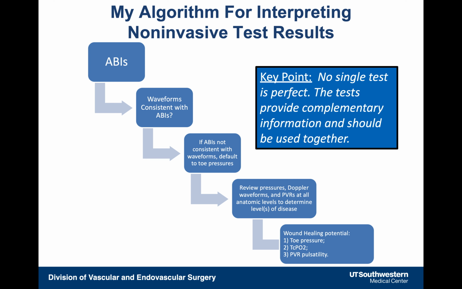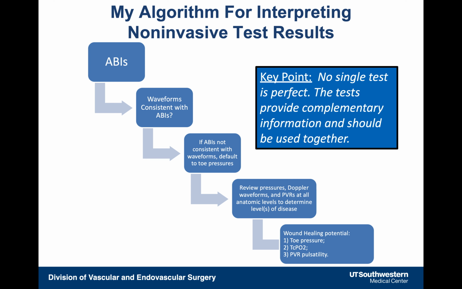And then I look, are the waveforms consistent with the ABIs? So let's say you had a patient with a normal ankle brachial index of 1.0, but monophasic waveforms at the ankle. Then they're not consistent, and we know that the ankle brachial index should not be trusted. So if the ABI is not consistent with waveforms, then you default to toe pressures.